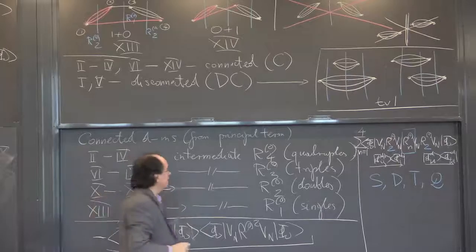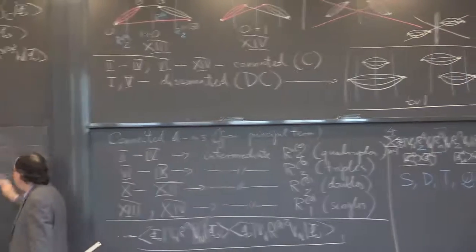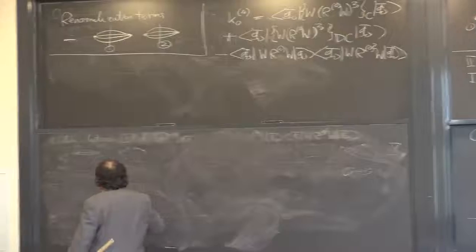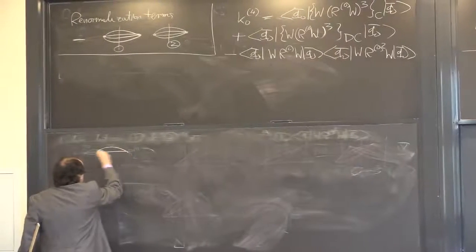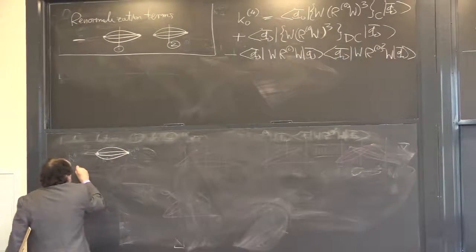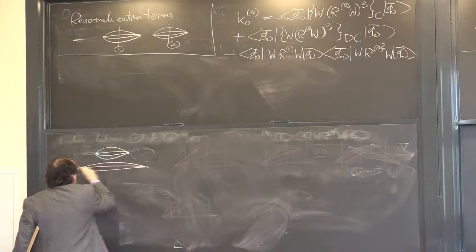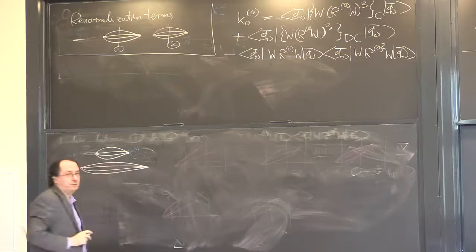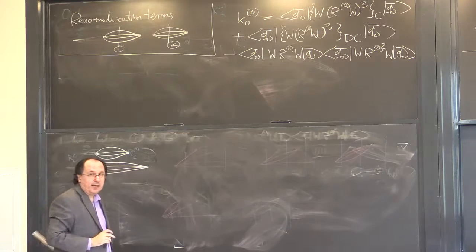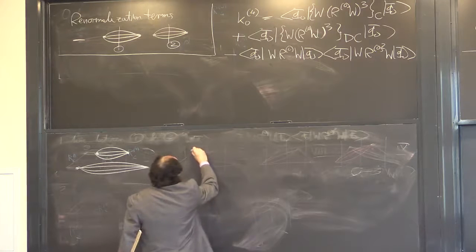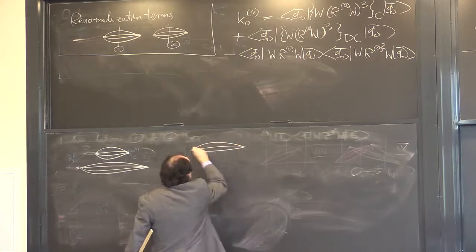We'll use them later. Going back then to this blackboard, let's analyze them. I'm going to draw them one more time, but this time I will really calculate them. So that's the first diagram, and this is the second one.